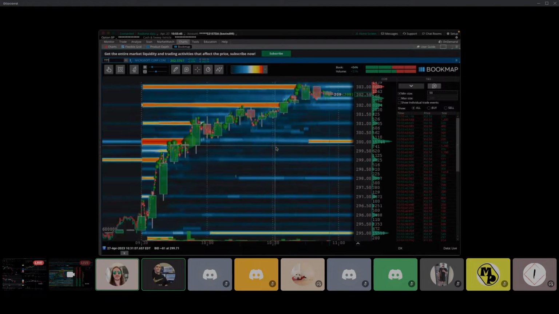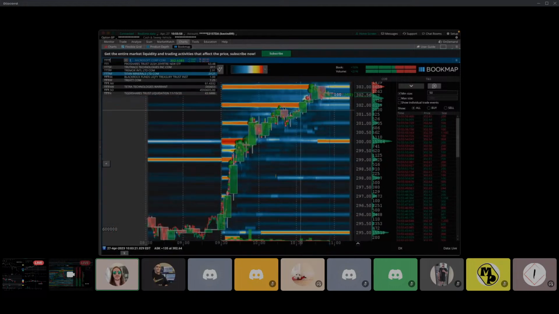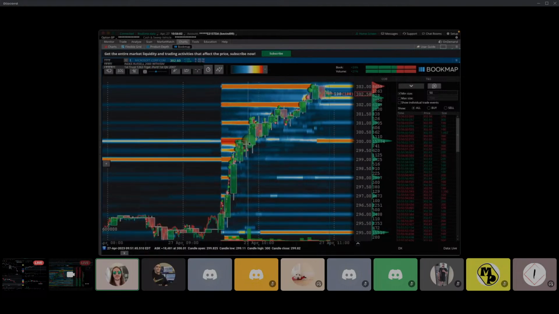So you guys get an idea of it, what Bookmap does is visualize the orders with bubbles. So let me throw ES back on. So like you see this nice big buy order, it's easier to visualize it. Again, it's also right here too.